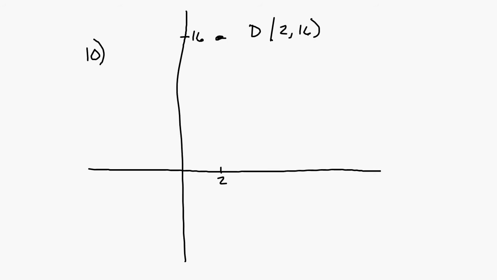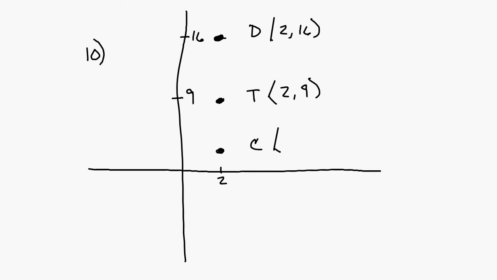T is the midpoint. It's at 2, 9. So there's 9. Here's T. It's the middle. So you're looking for C. So if D is up here and T is the middle, won't C be down here somewhere?